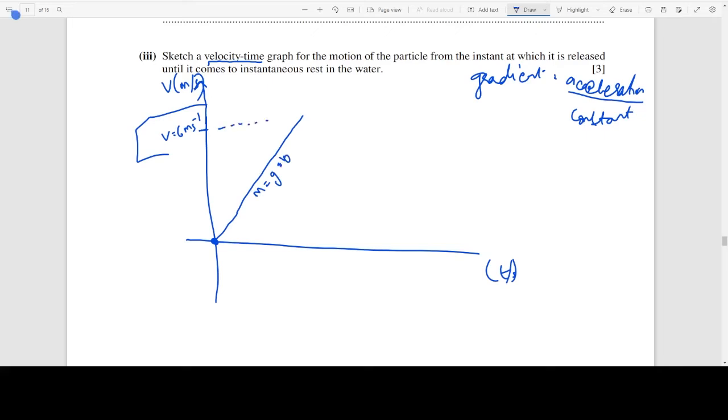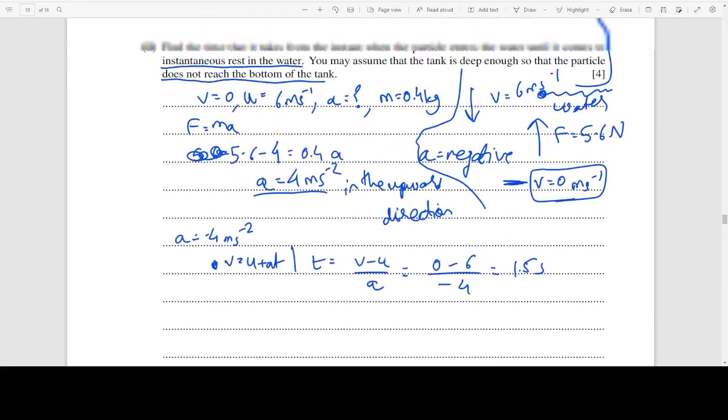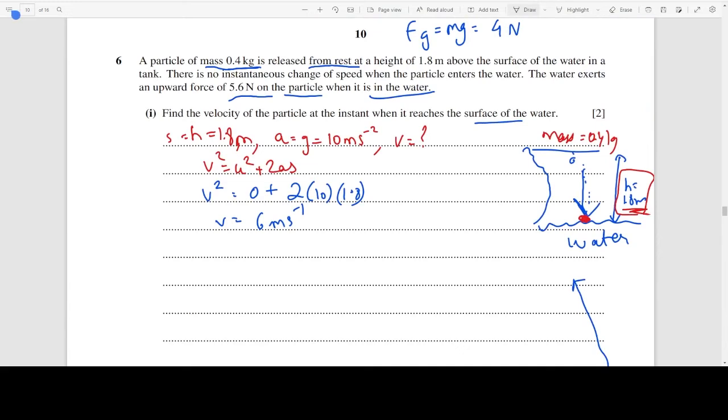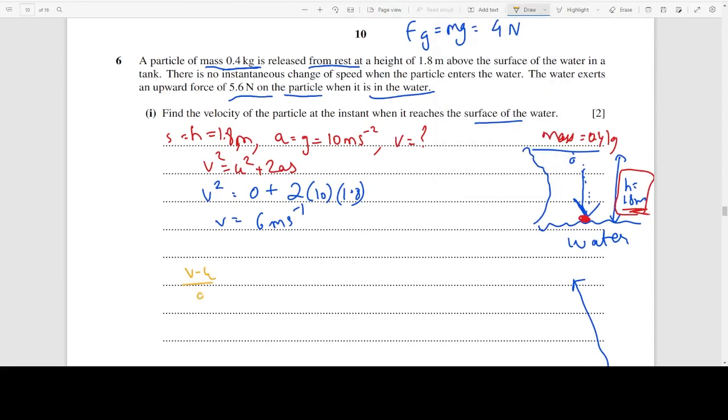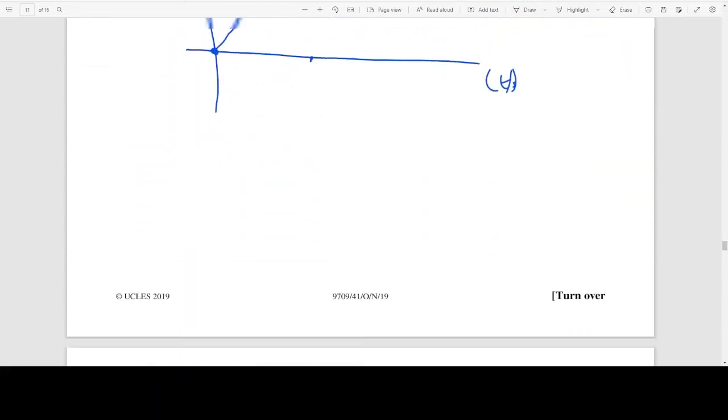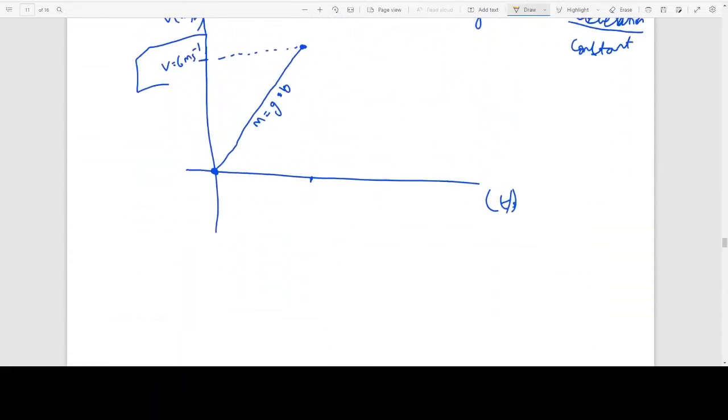It comes up to 6 meters per second, but we'll also have to find the time t, which is when it touches the water surface. We can find t using v minus u upon a, which is 6 minus 0 divided by 10, which is 0.6 seconds. So the time it takes for the particle to reach the water surface is 0.6 seconds.